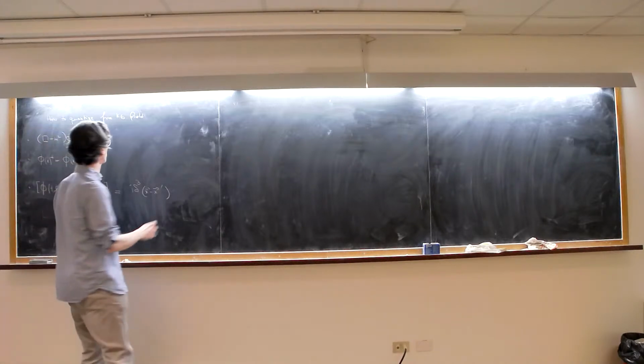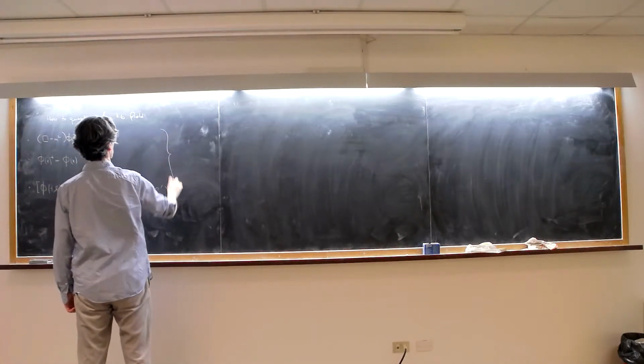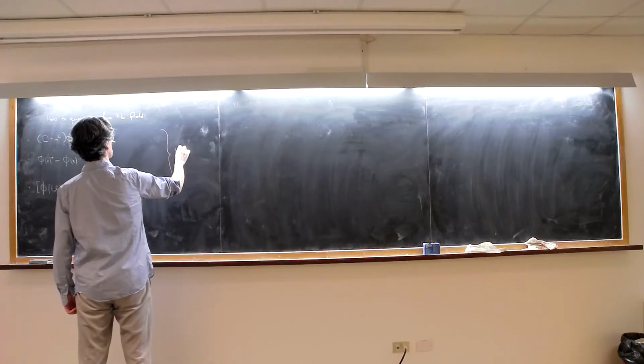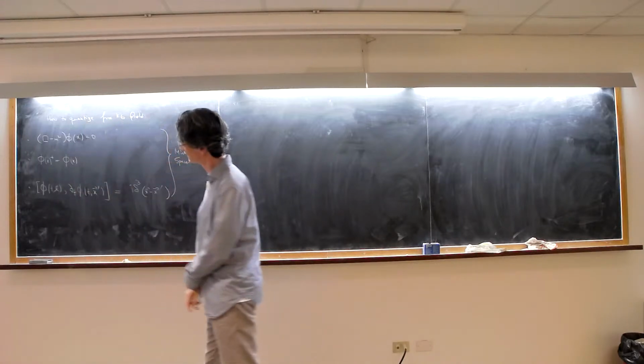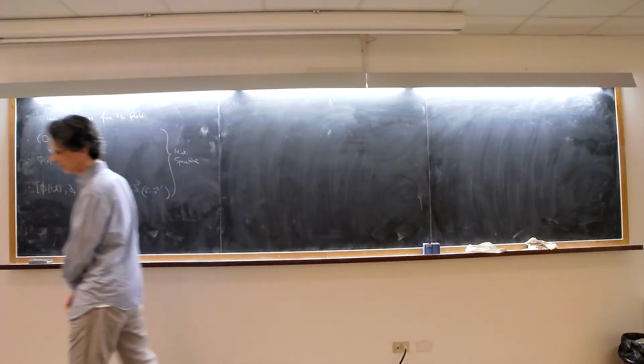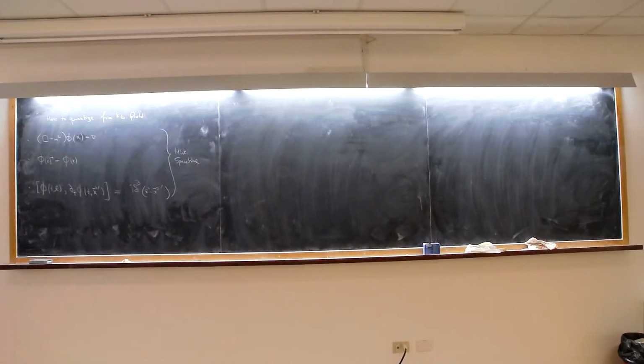This is the Minkowski space. So what do we do? First of all, every quantum field theory book writes this phi of x, always, so phi of t and x.